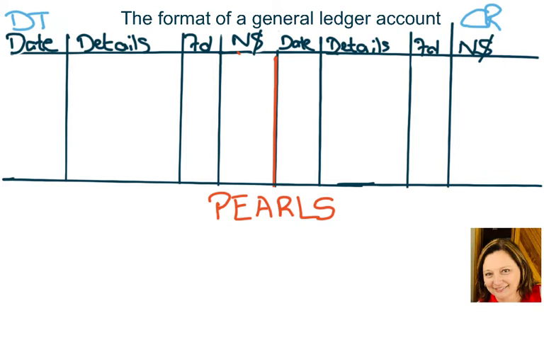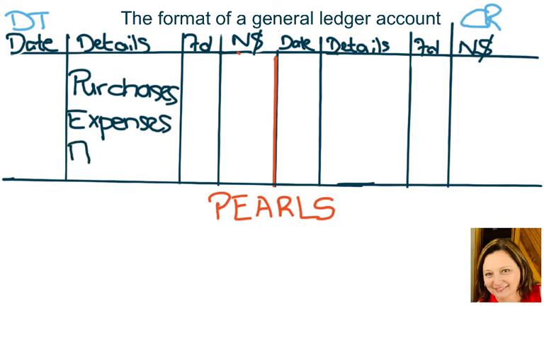Now the P, you will remember, was for purchases, and I will just write it there, purchases. The E was for expenses. And the A was for assets.